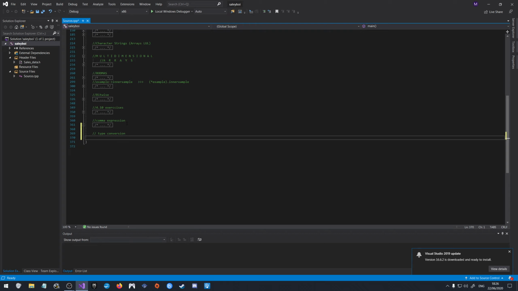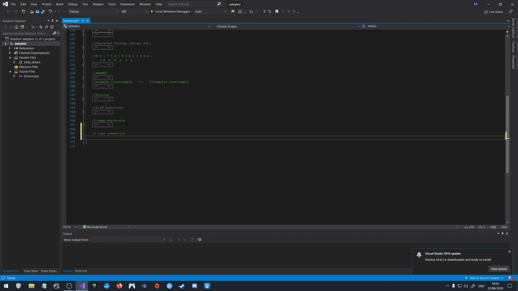Rewrite each of the following old-style casts to use a named cast. pv equals void star ps. pv is equal to what, the 3 casts again? The static cast, const cast, reinterpret cast.